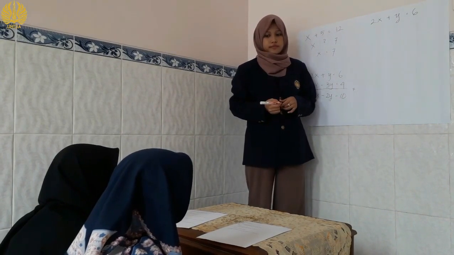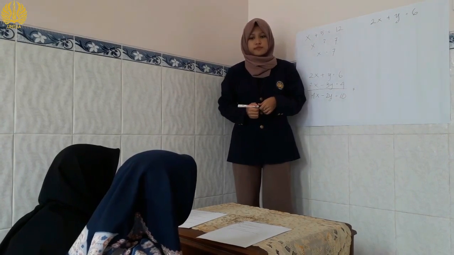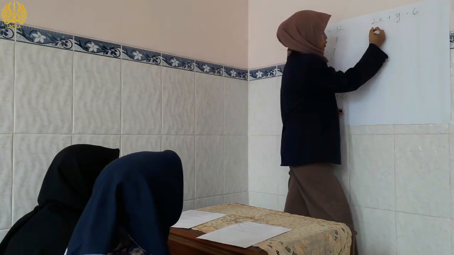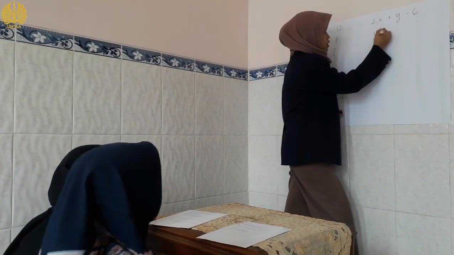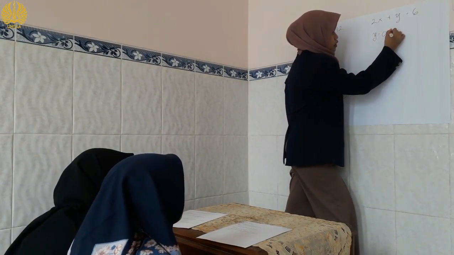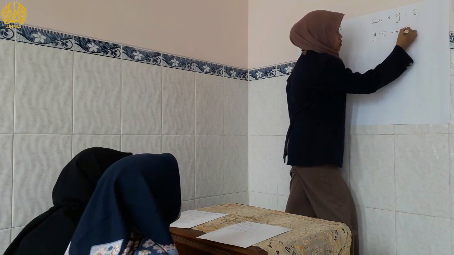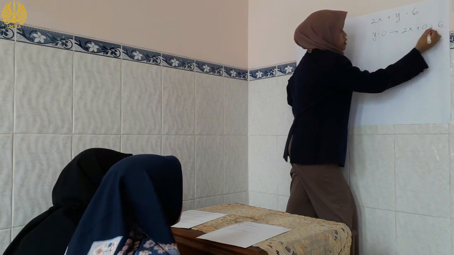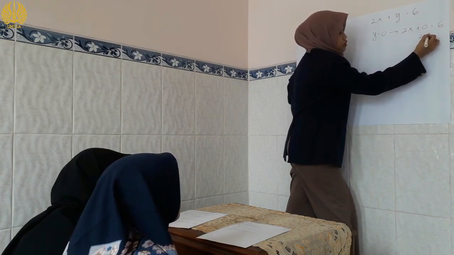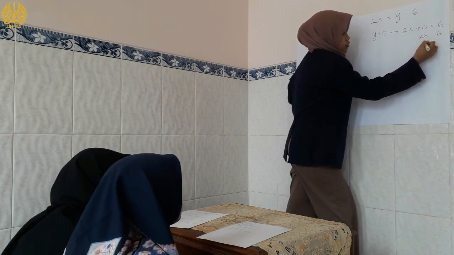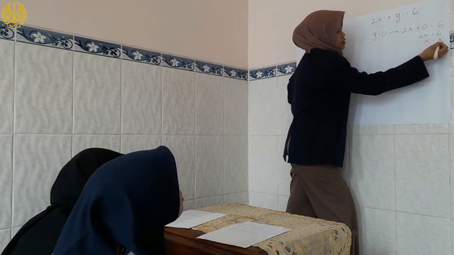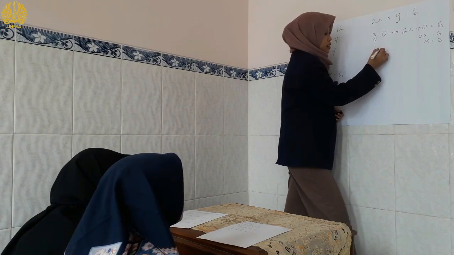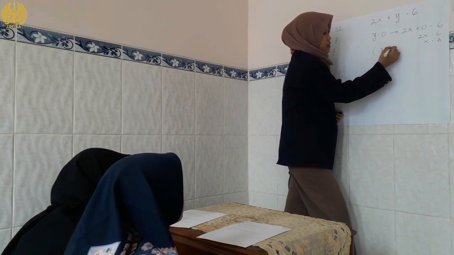First, determine the intersection point with the x-axis, so y is equal to 0. We input it into the equation: 2x plus 0 is equal to 6, so 2x is equal to 6, and the value of x is 3. So we get the point (3, 0).